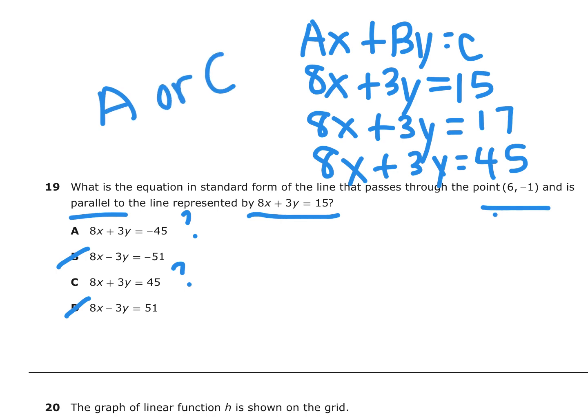But remember that it has to go through this point (6, -1). So then we can substitute for x and y, 6 and -1, into either equation.